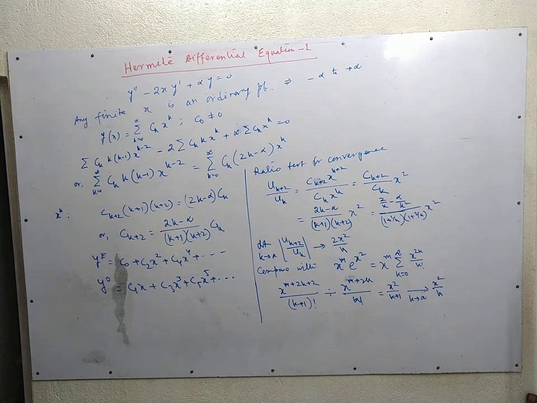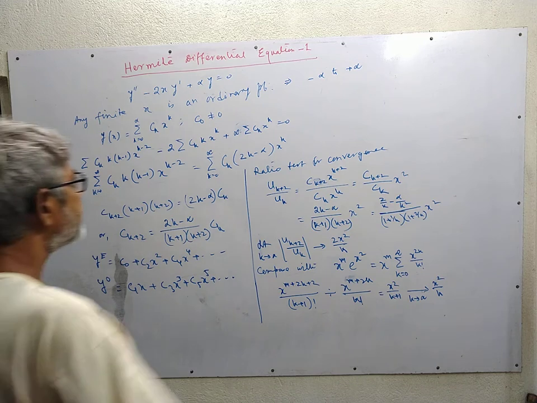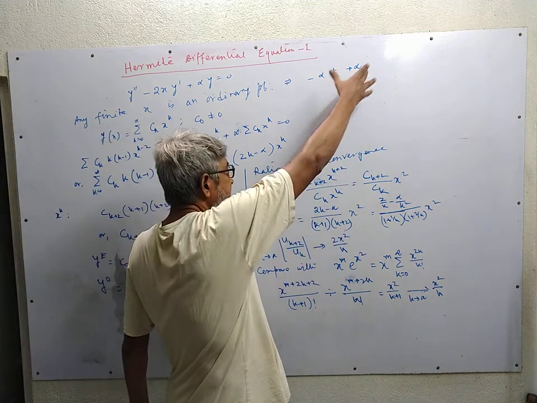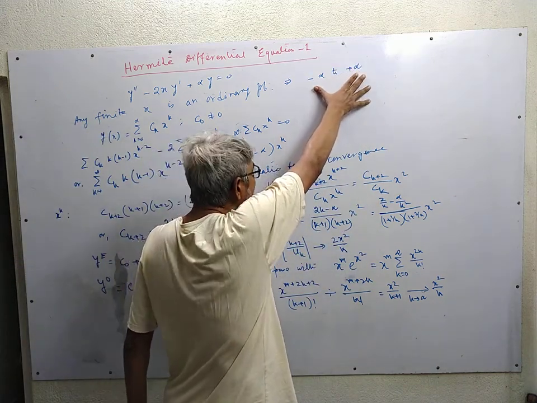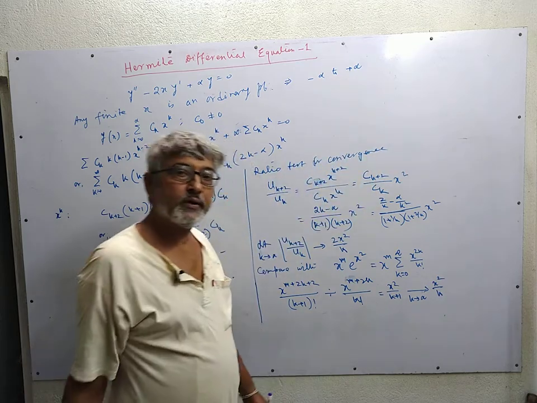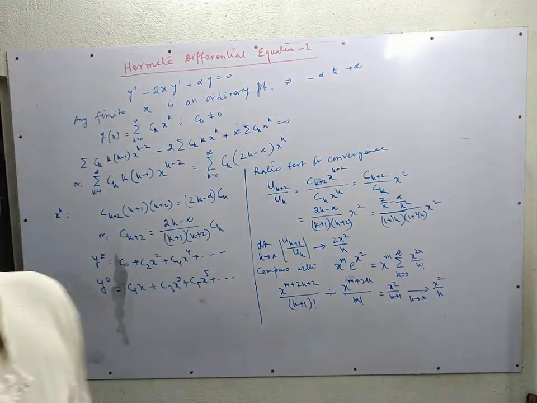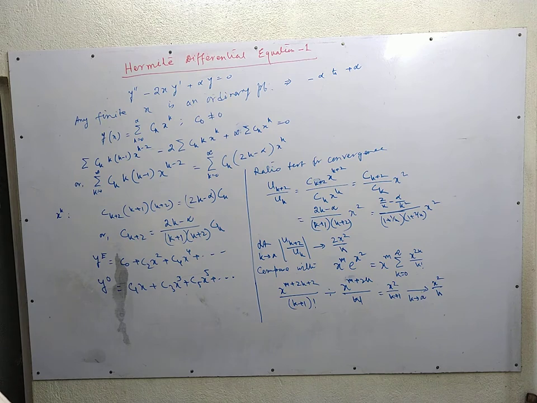So as our region of interest is plus minus infinity, if it has to represent any physical quantity, then it should be finite asymptotically. It should be finite asymptotically, but it is found that the infinite series solution is not finite in the asymptotic region.